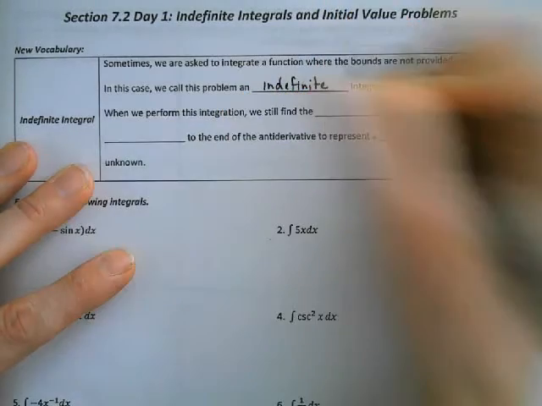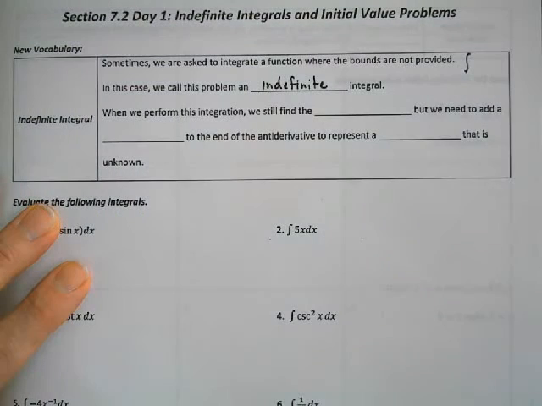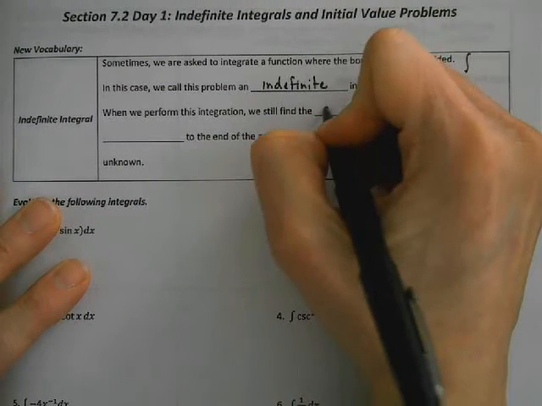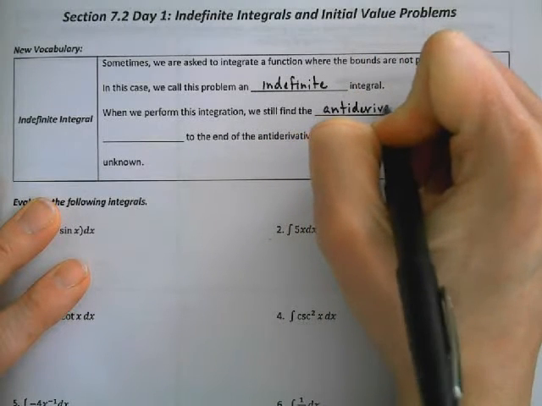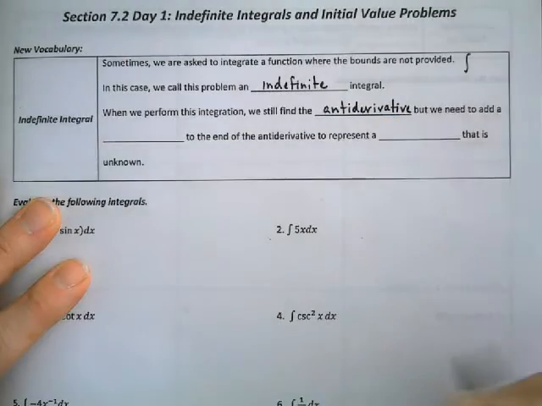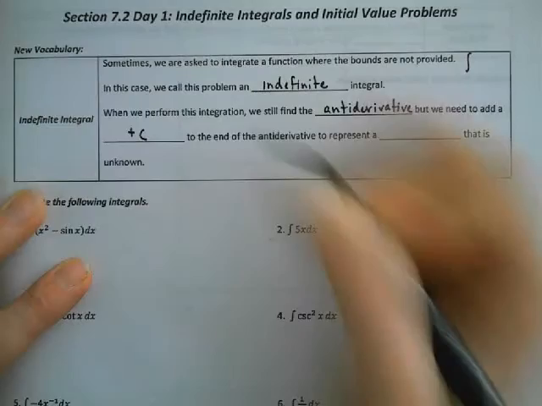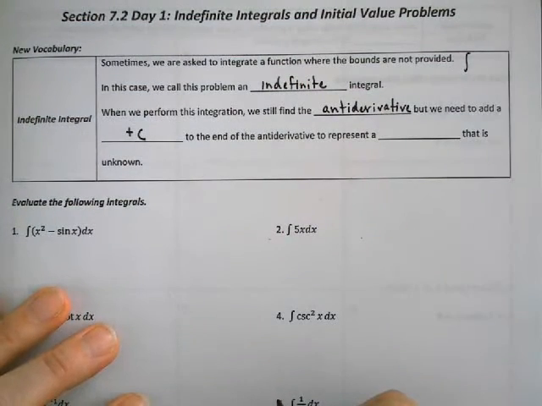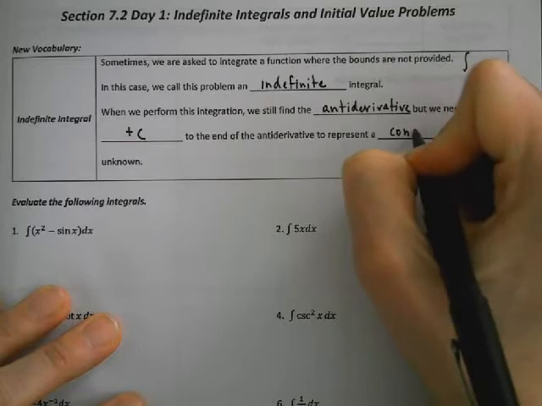An indefinite integral is just an integral where we don't have numeric values for those bounds. When we perform this integration, we still find the antiderivative, but we need to add a plus c to the end of the antiderivative to represent a constant that is unknown.